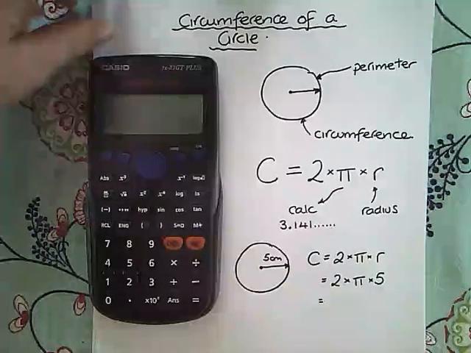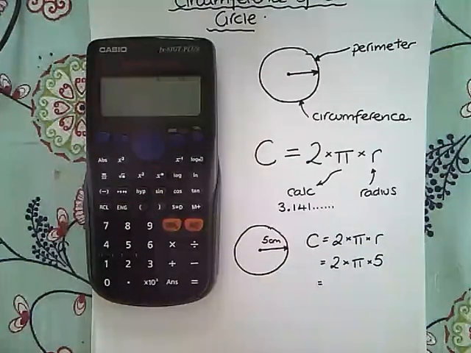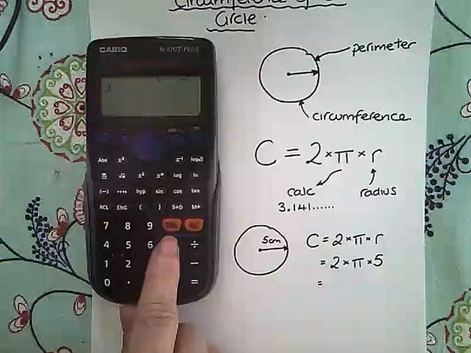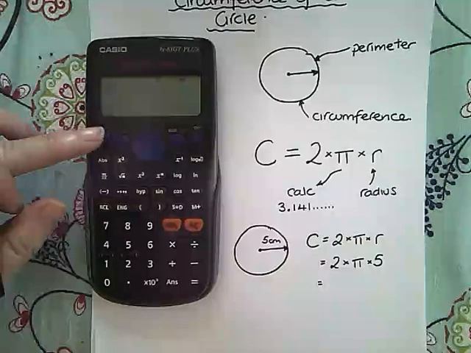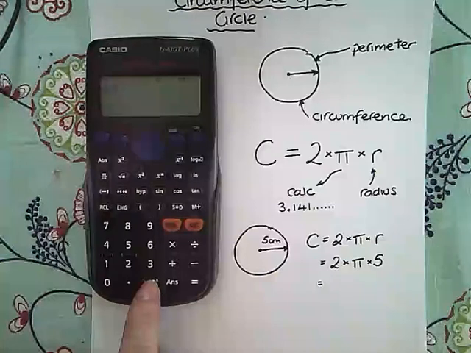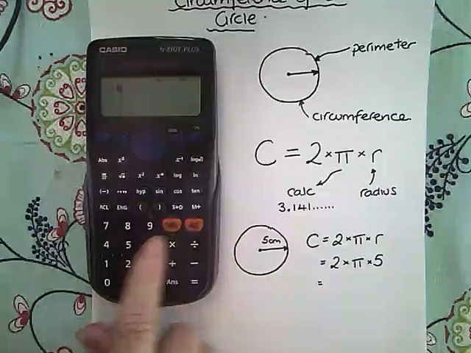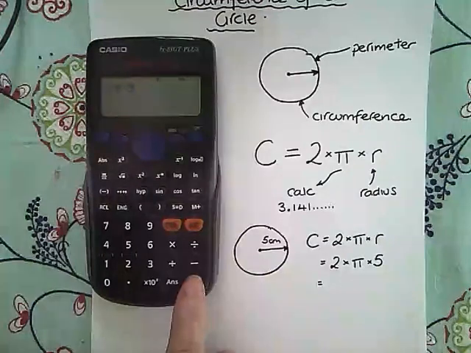Then we pop these numbers into our calculator. Now it's a little bit difficult to see on this demonstration, but I'm going to try my best. So we type in 2 times and then shift and the bottom number down here, and that brings up pi, hope you can just see that, times 5, and press the equal sign.